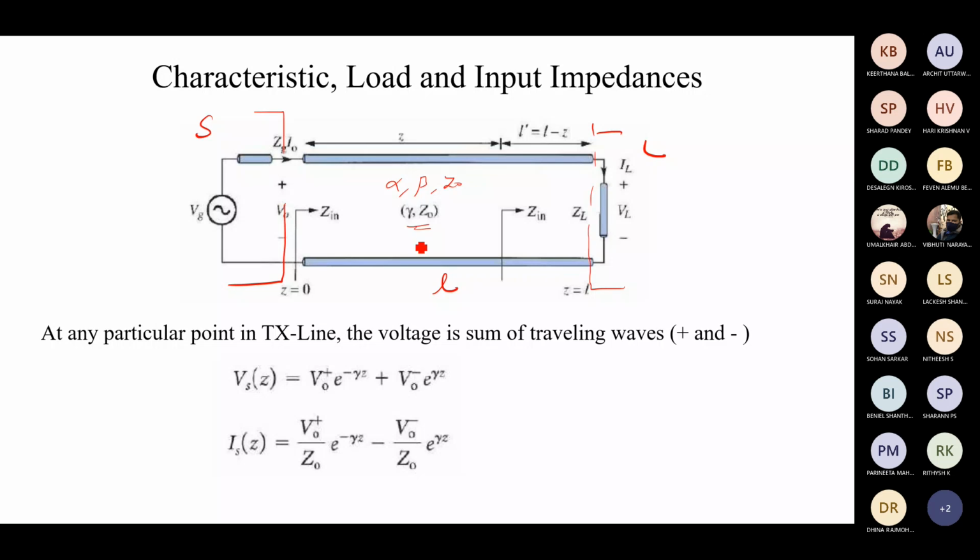You can see that it is defined here. And instead of alpha and beta, they simply mentioned gamma. It indirectly means alpha and beta only. Okay. So I expect you to write alpha, beta, and the Z0 value.